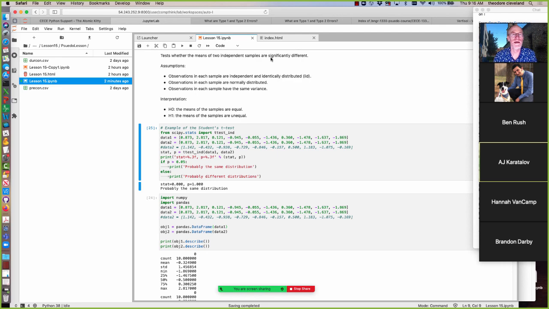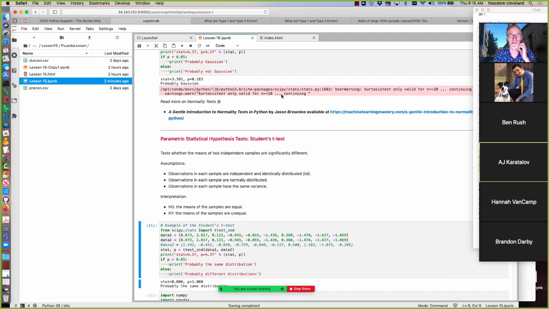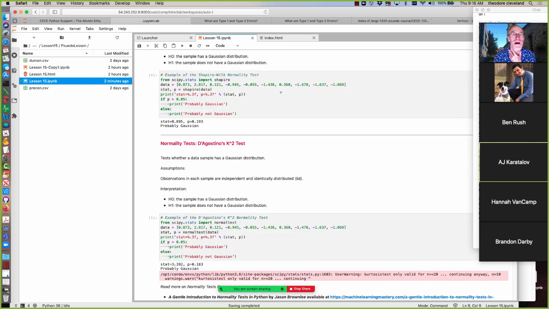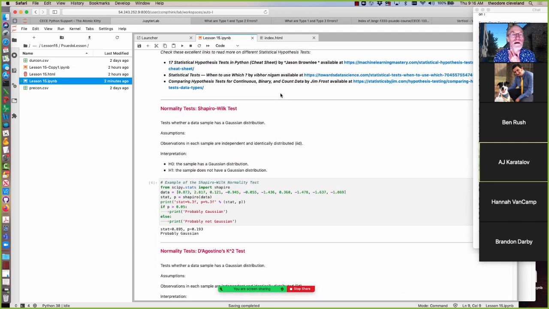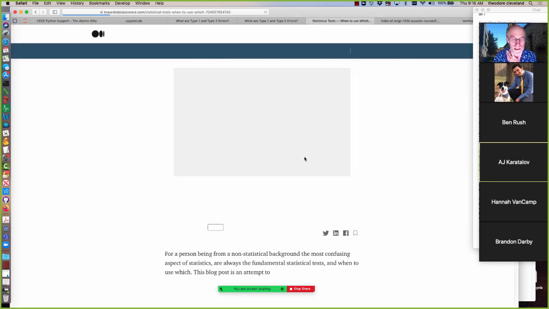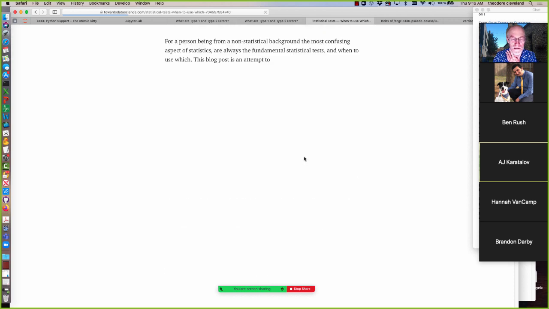So let's go ahead and look at what the student t test statistic is. And that should be down here in a reference. Oh, crap. Hypothesis test. Let's see what we have in this blog. You probably will have an example of what the test statistic is.